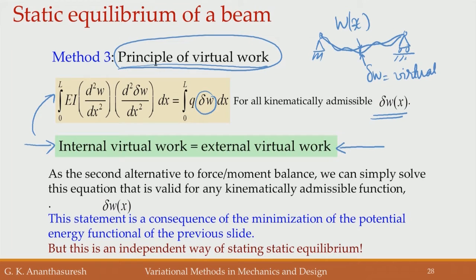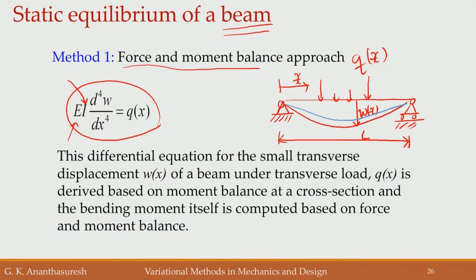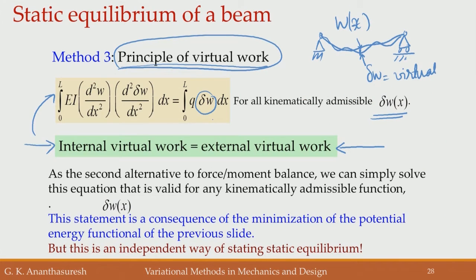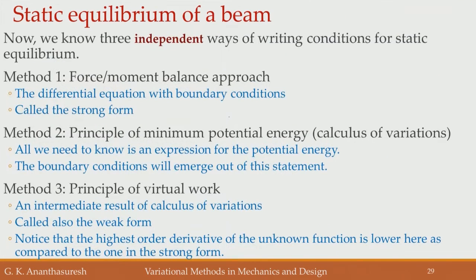So, this statement, which is very simple, internal virtual work equal to external virtual work, gives you the equilibrium equation, which is the same as what we have written over here with the force balance, or what we will get if you were to minimize energy, or what we will get if we solve this problem such that delta W is arbitrary. Even then this equation holds, that is, internal virtual work is equal to external virtual work. So, this is a very important consequence of calculus of variations.